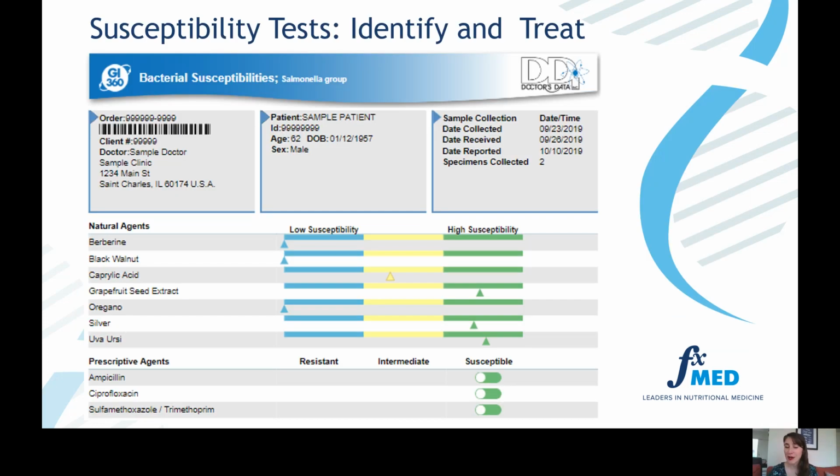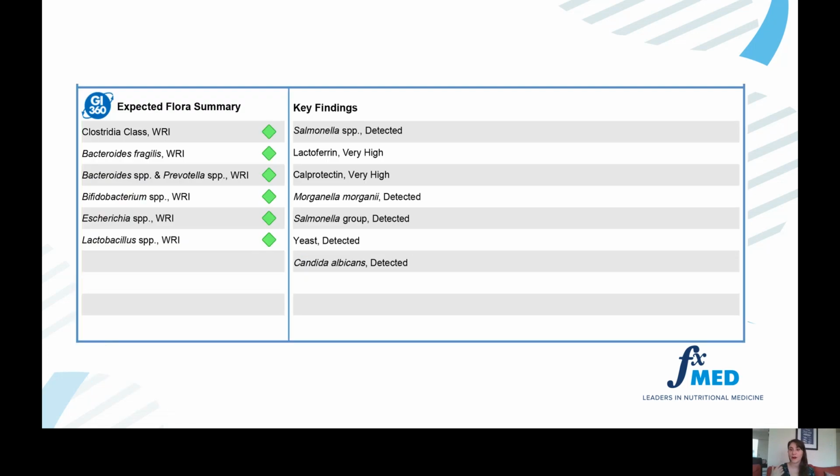And so now, knowing these things, this person has stage 1, 2, and 3 gut dysfunction. So stage 1 here, the microbiome imbalance. Stage 2, we're seeing lactoferrin and calprotectin very high. We know those tissues and organs are being affected. And stage 3, pathogenic infections of salmonella and Candida are detected. So from here, we have identified what is going on and how we will treat it.